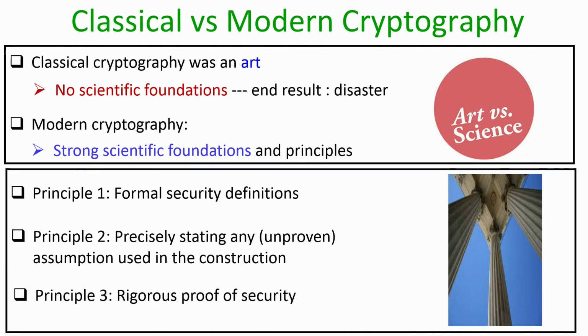So, principle 2 clearly states that we should precisely state what exactly is the underlying assumption used in our construction. And principle 3 states that once we have the construction, we have to formally prove that it indeed satisfies the definition that we gave in stage 1.